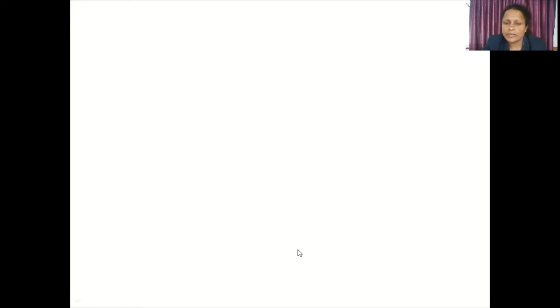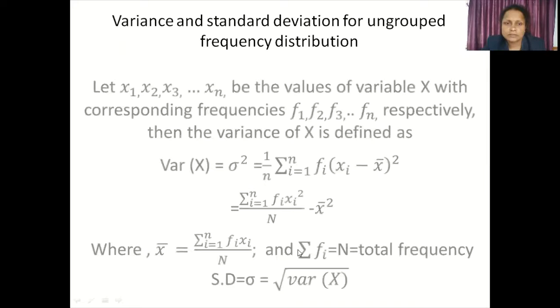For ungrouped data, that is, here our observations are with their frequency. So x1, x2, xn with f1, f2, fn. So variance of x is defined as 1 upon n summation fi into (xi minus x bar) square. And in other words, another result, it is 1 upon n summation of fi xi square minus x bar square.